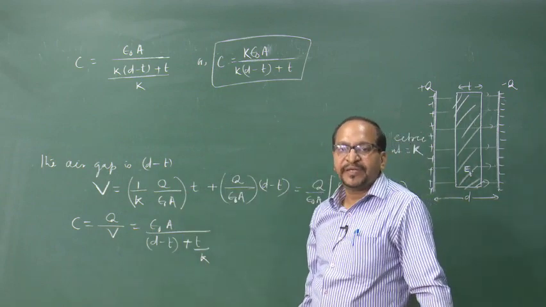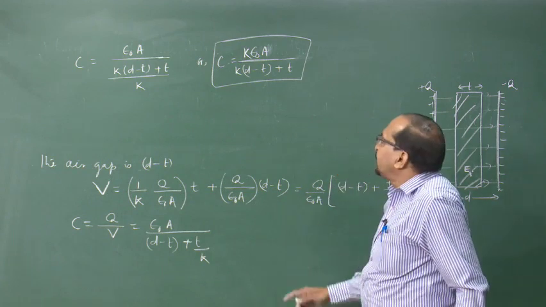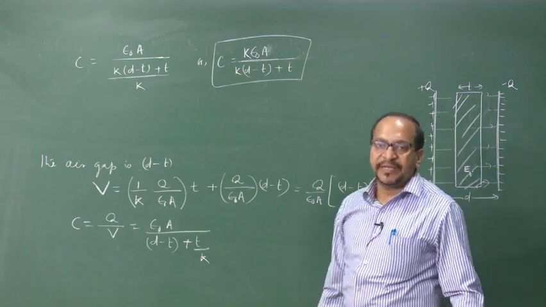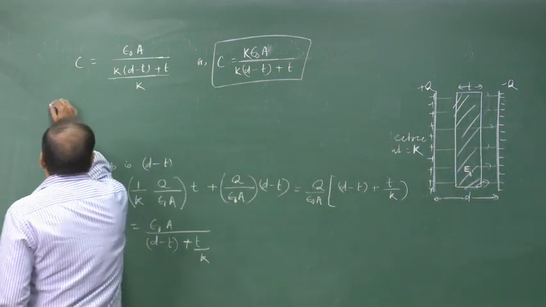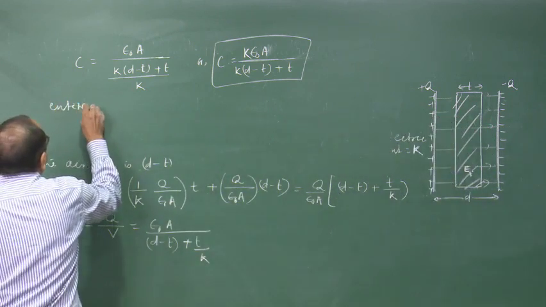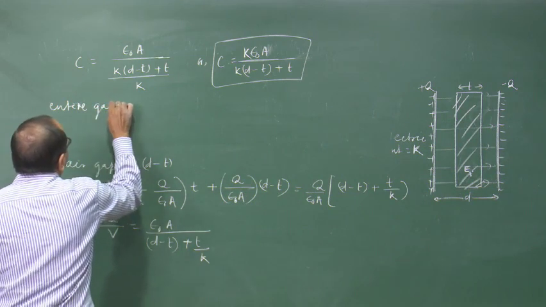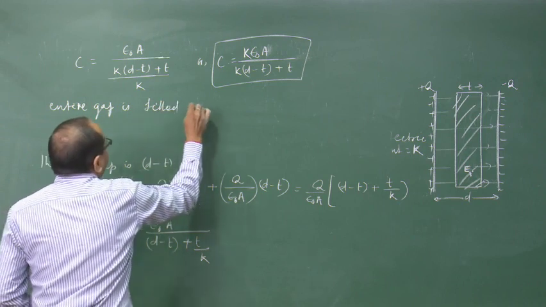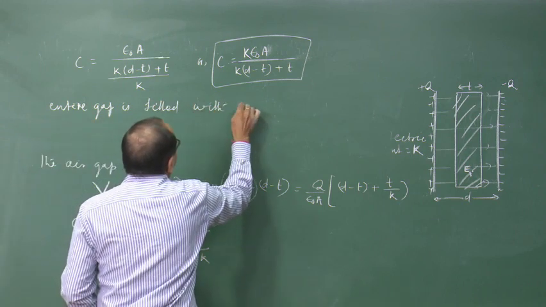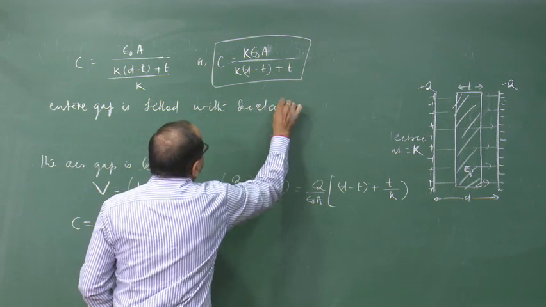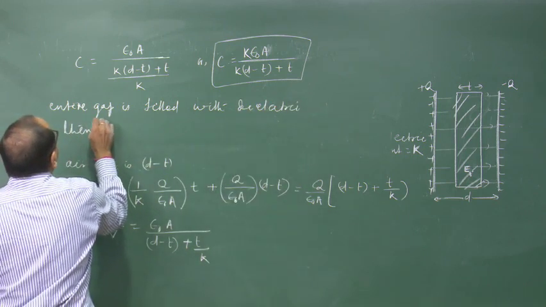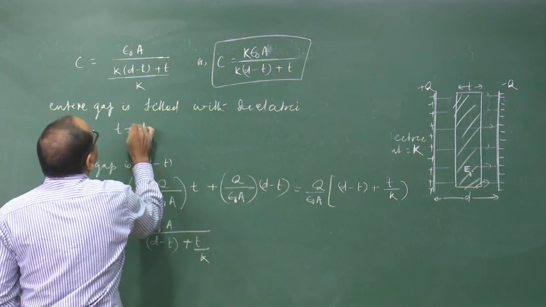Okay. Now, if the entire gap between the plates is filled with dielectric, then T is equal to d.